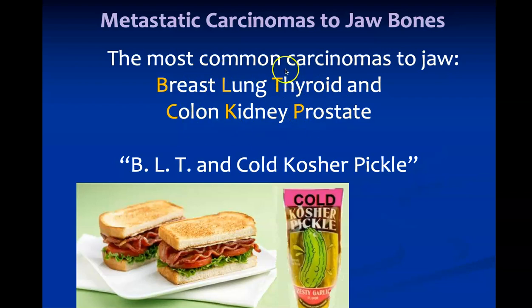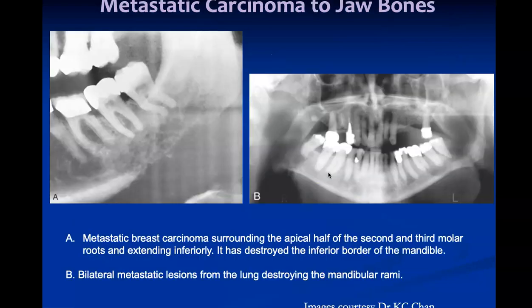These are the most likely tumors that will metastasize to the jaw bones. Now, I'm used to this way of remembering it, but really, if you're kosher, you wouldn't be having a BLT, so it doesn't really work together, right? But it is one way to remember the most common tumors to metastasize to the jawbone.